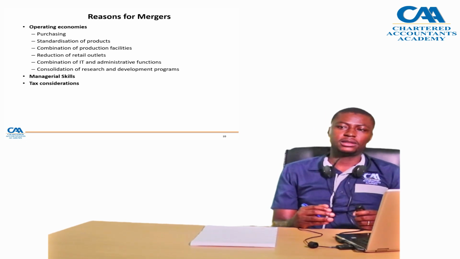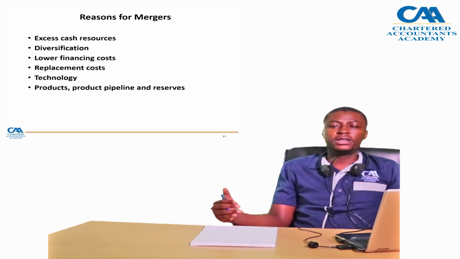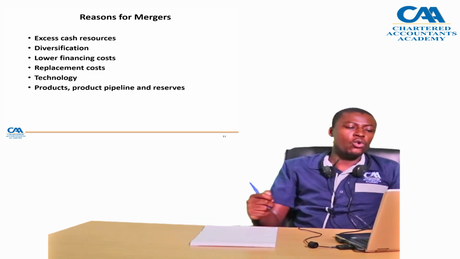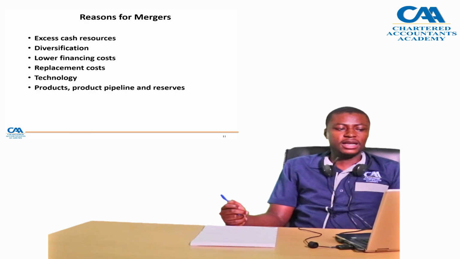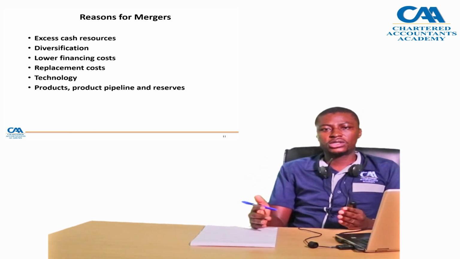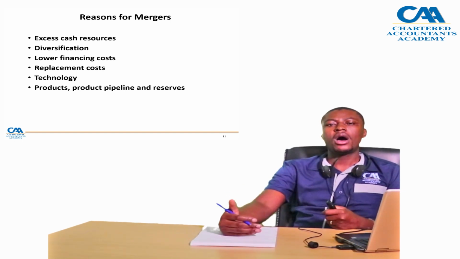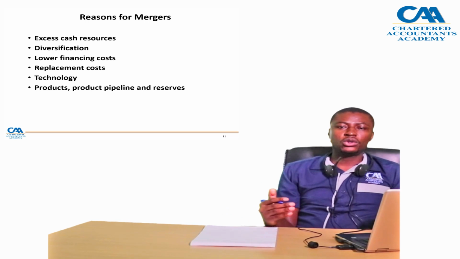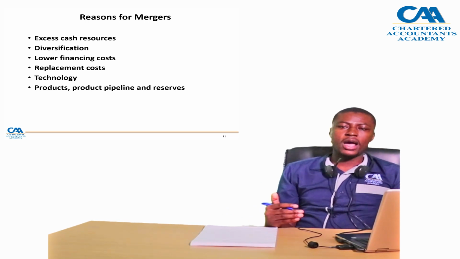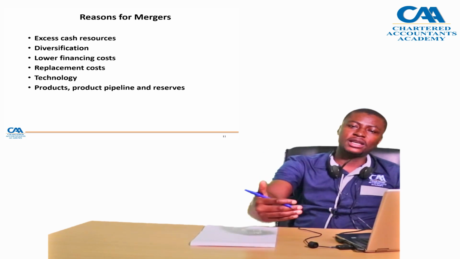Others can be sitting on excess cash resources. As part of their investment strategy they can decide to acquire or merge with other businesses. Diversification, conglomerate. Lower financing costs. Say as a bigger entity, we can then be able to borrow at a lower cost. Technology, we can acquire or merge with another company to take advantage of the technology that is residing with that other company.